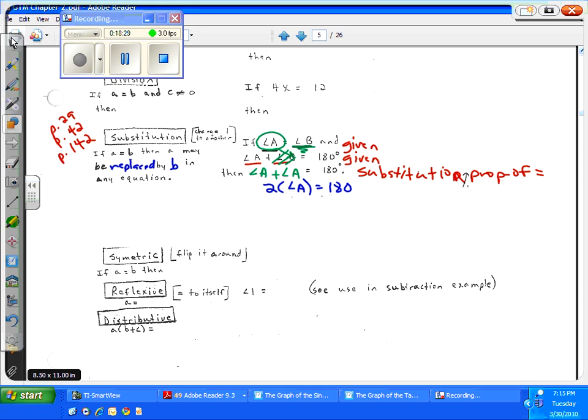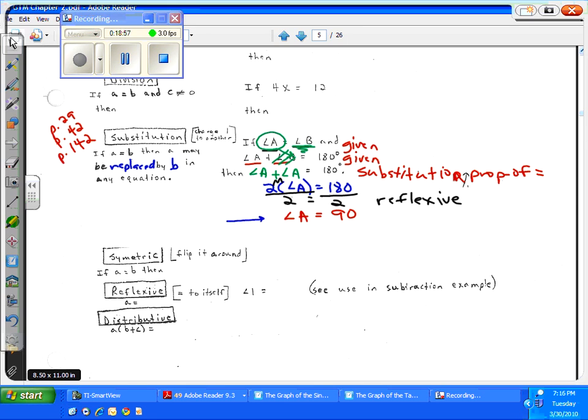We could take this even farther and keep the algebra moving, and we then could say angle A is equal to 90 and give a reason. And if you think about it, the reason would be we undid multiplication by division, right? If we wanted to make the statement right in the middle of this, that 2 is equal to 2, that would be the reflexive property. You may recall that from Algebra 1.